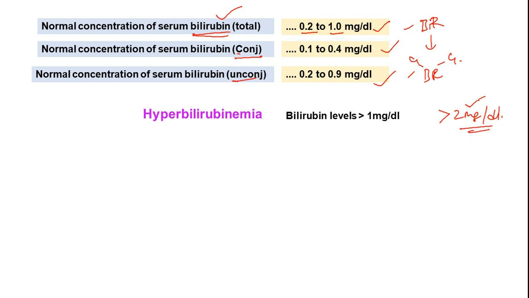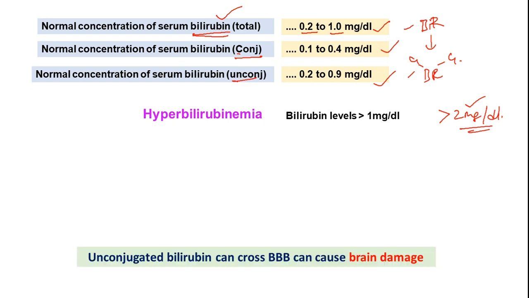Okay, so the problem with bilirubin is unconjugated bilirubin, especially because it is highly lipophilic in nature, so it can cross the blood-brain barrier and cause brain damage. Earlier I also told you that bilirubin contains extended conjugation, it is photoactive, and it has this intrinsic capability to undergo oxidation reduction reactions.